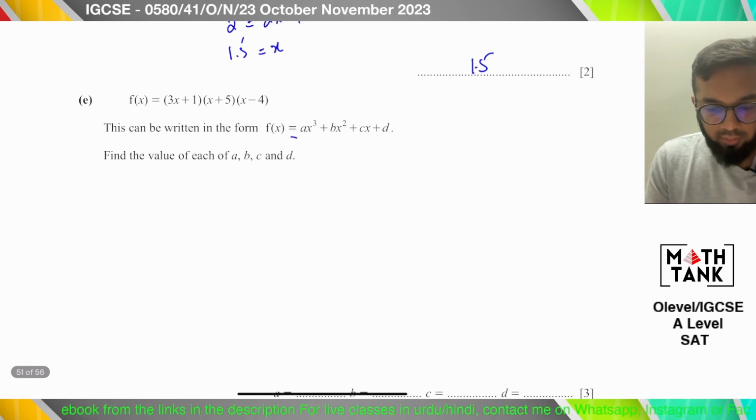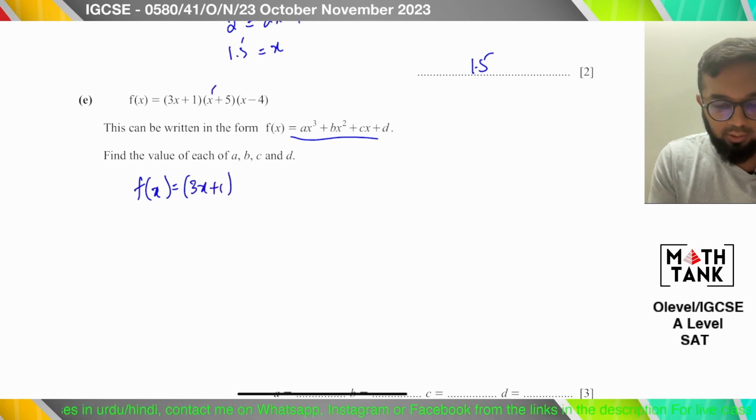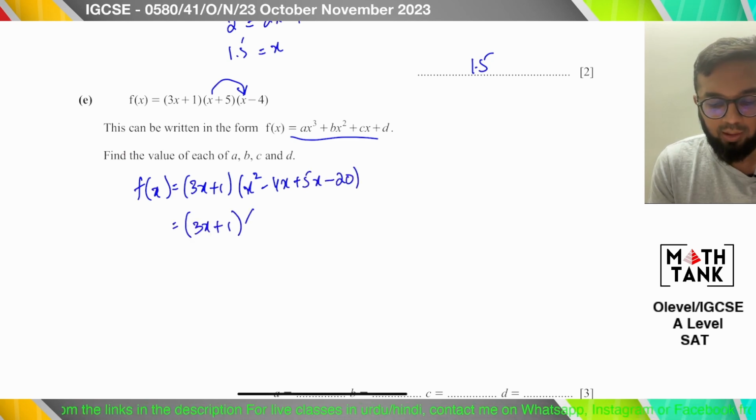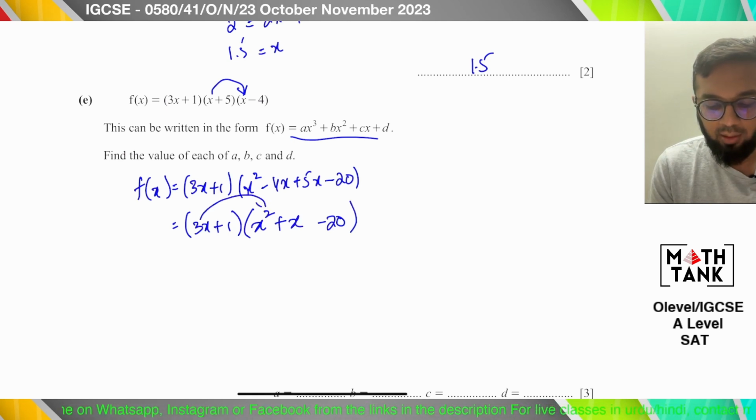Then this can be written in the expanded form. So let's just start multiplying. F of x equals to 3x plus 1. Let's multiply this. I get x square minus 4x plus 5x minus 20. So I have 3x plus 1, x square minus 9x minus 20, minus not 9x, it's just plus x minus 20. Let's then multiply.